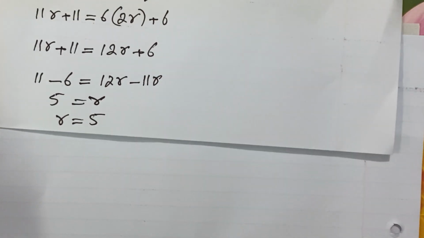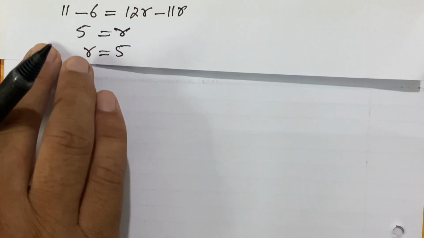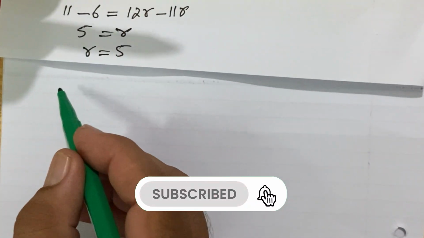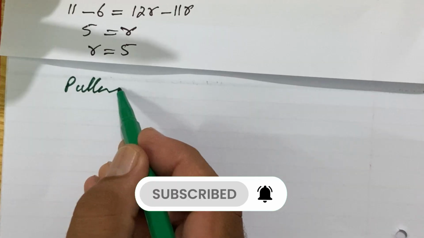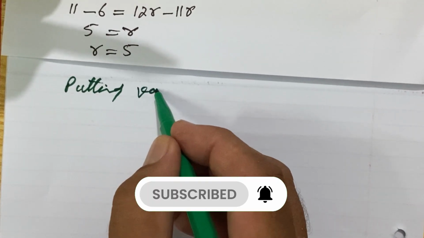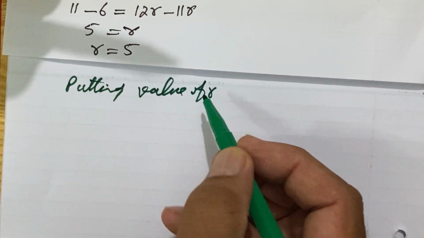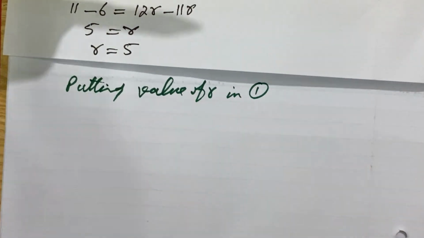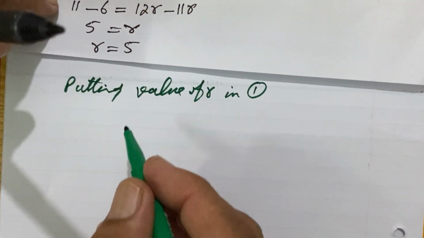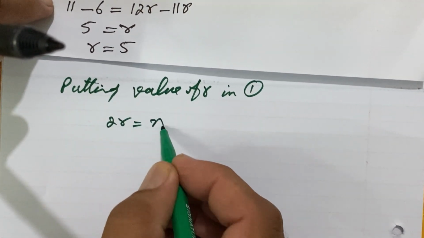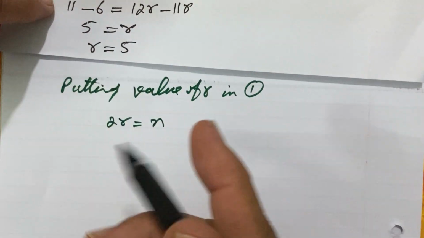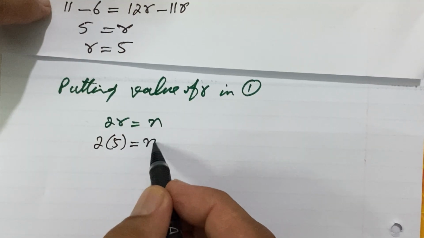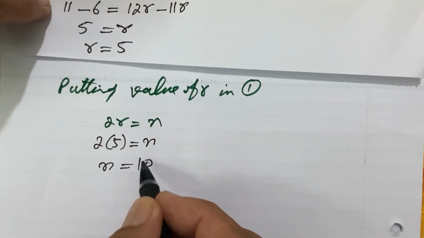Now putting the value of r in 1, 2r is equal to n. 2 into 5 is equal to n. n is equal to 10.